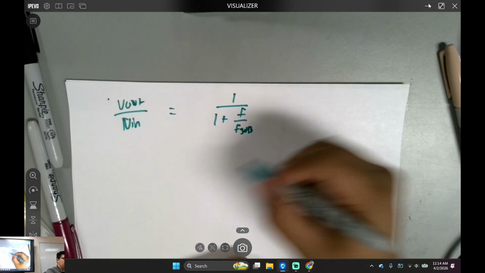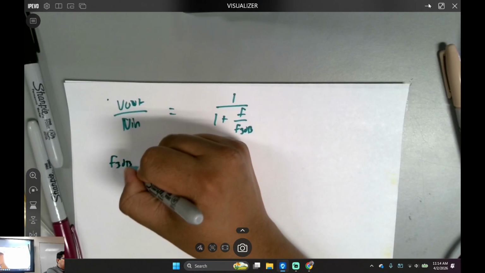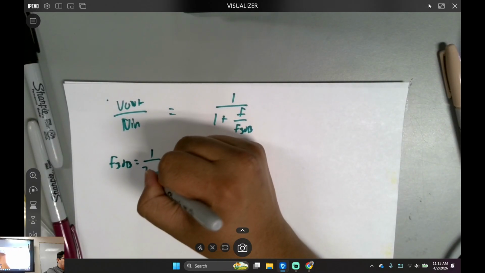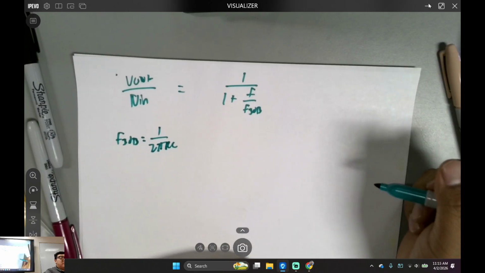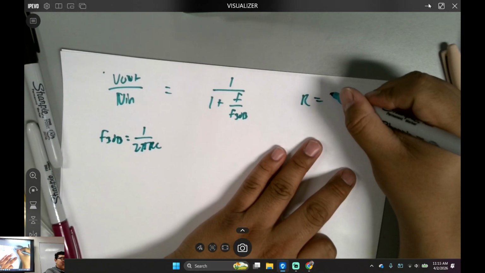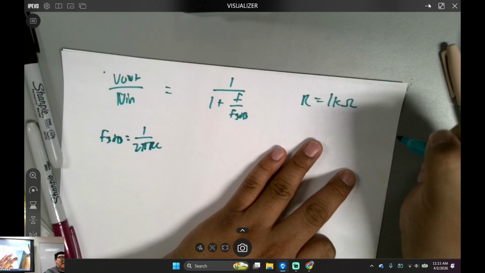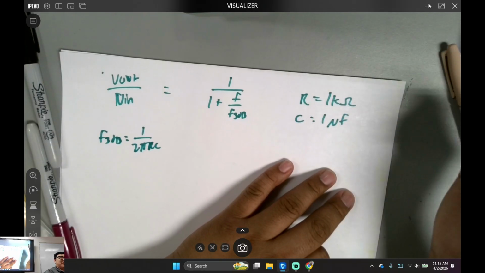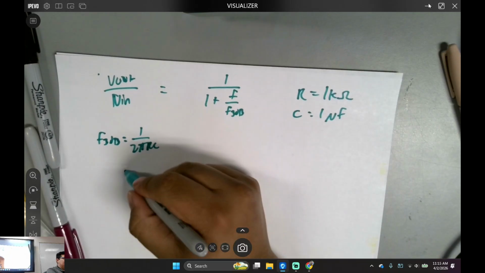I'll just leave it like that. For f3dB, it's gonna be 1 over 2 pi RC, correct? Let's say I'm gonna throw numbers in: R is 1 kilo ohm, and C is equal to 1 microfarad. So what's this equal to?